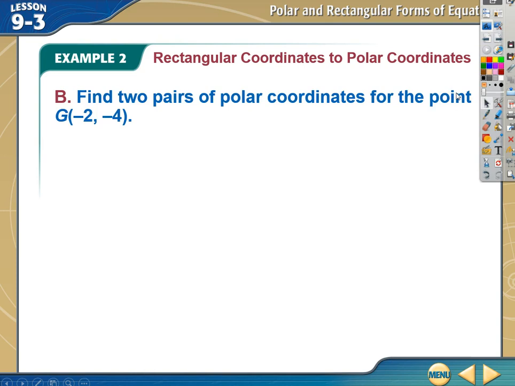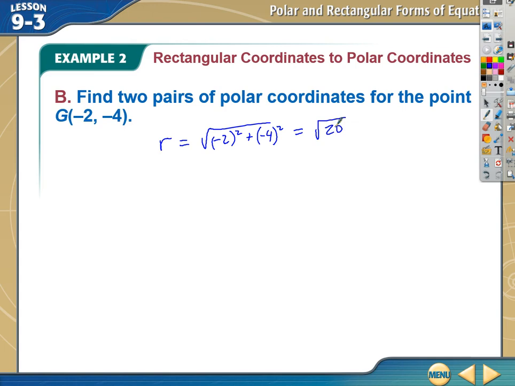As this one says, find 2 pairs of polar coordinates for the point -2, -4. Notice this time the x coordinate is negative, and we're going to have to do something a little bit different. The magnitude, or the r value, the radius for this, is going to be the exact same thing, because -2 squared plus -4 squared is still going to equal the square root of 20.